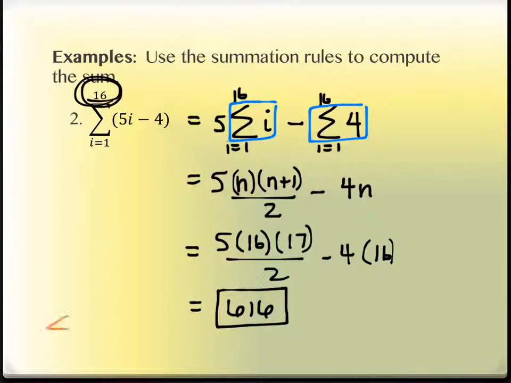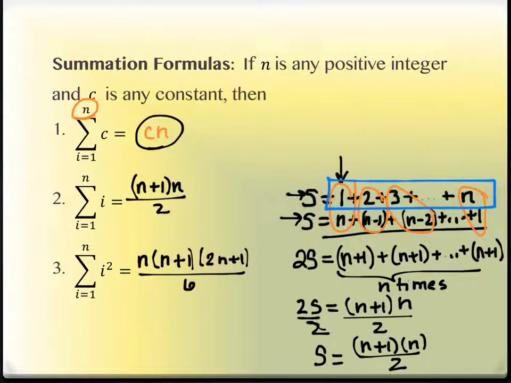Let's say we had the exact same thing, but it didn't start at 1. It started at 3. That's something different, right? None of these properties over here start at anything but 1. They start at 1. So what do we do?